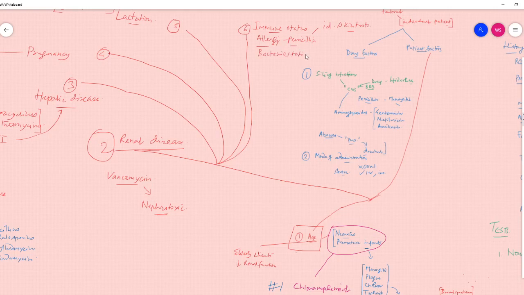bacteriostatic drugs. Bacteriostatic drugs should not be given to immunocompromised patients. Who are immunocompromised? Say patients with HIV or who have undergone organ transplantation.